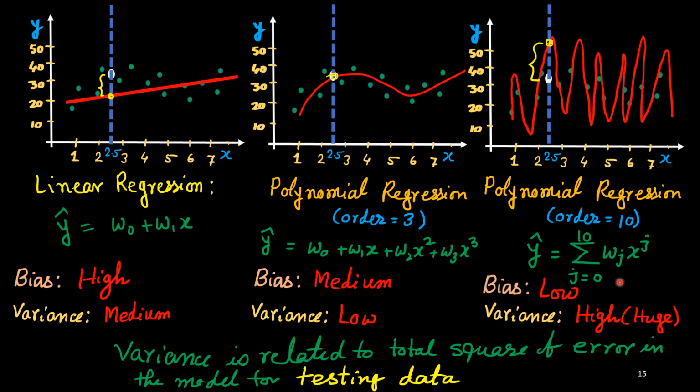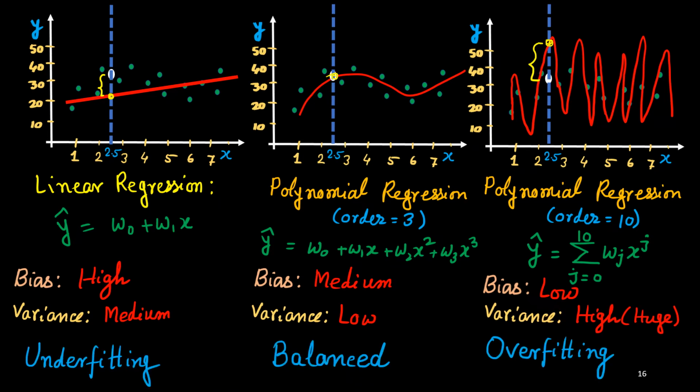whenever we go for a higher order polynomial, it may happen that variance will become very large. Okay, so in these three situations, we can call the first one underfitting, because this straight line is no longer useful to fit all the data points, because these data points have some non-linearity. Okay, so that's how it is called underfitting.